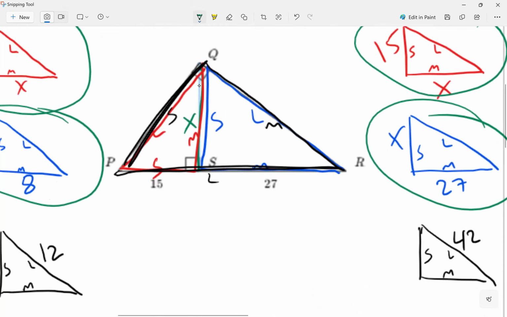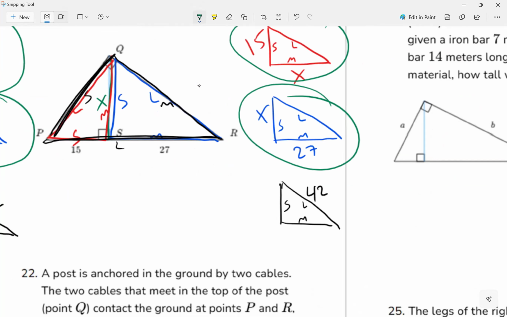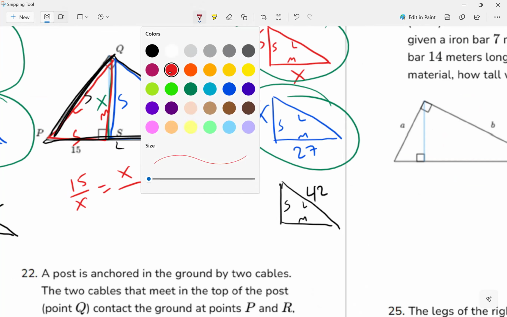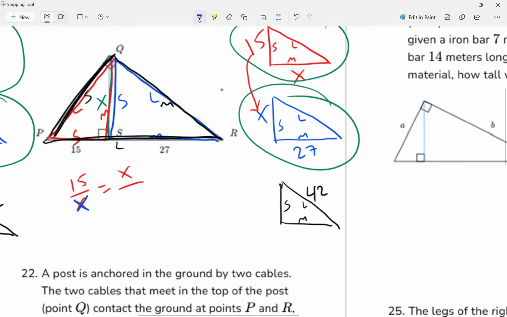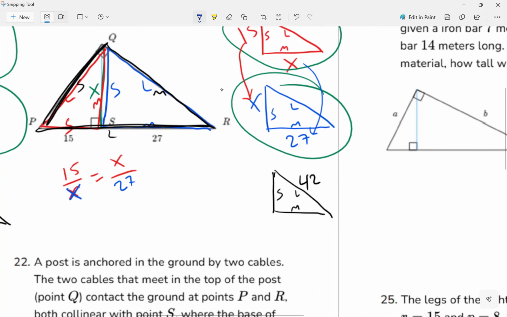Looking at the red triangle, let me write, I'm going to use the sides 15 and X. I know 15 goes with X on the blue triangle. And then X goes with 27. Okay, so that's not a big deal.